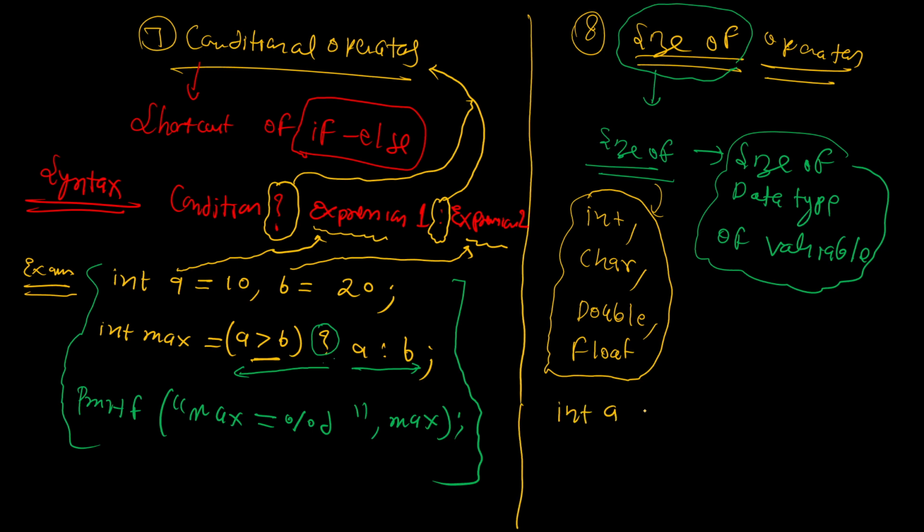Int a. I will use printf. When you are identifying the size of a data type, you will use %zu for size, and sizeof, and you will write that variable.